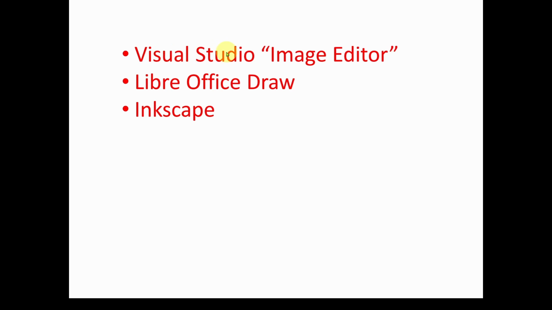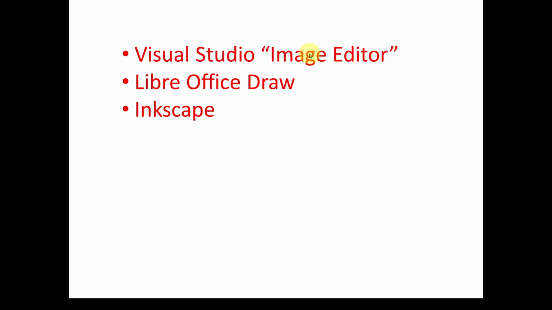We've got Visual Studio. You may not be aware, but they have a built-in image editor in Visual Studio that allows you to do some very simple image editing where you can take images and modify them. And we showed how we used that previously to simulate some flashing lights in an application that was simulating the operation of a circuit breaker. So you can do some very simple stuff built in with Visual Studio.